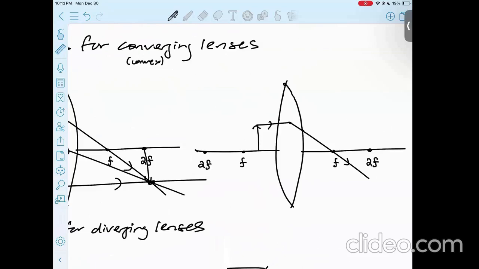What's going to happen? It'll come out parallel. Except this time we have to be a little bit more careful because now we're inside the focal point, so we have to account for that. How do we account for that? Well, the same way as we did earlier, the mirrors. We sort of send the ray in like that, and it comes out like so.